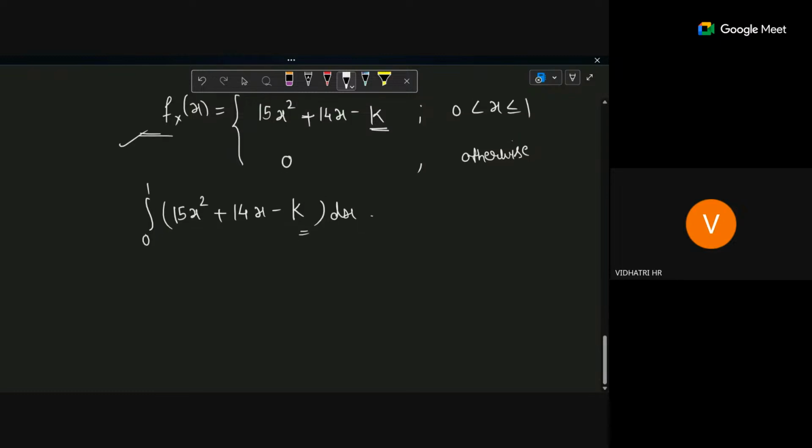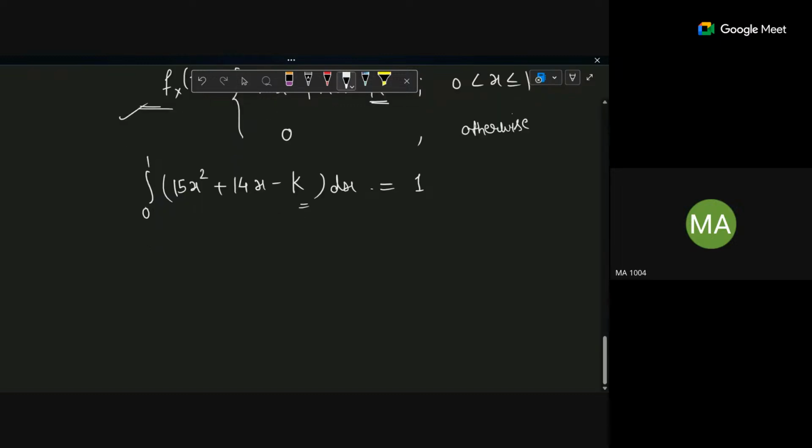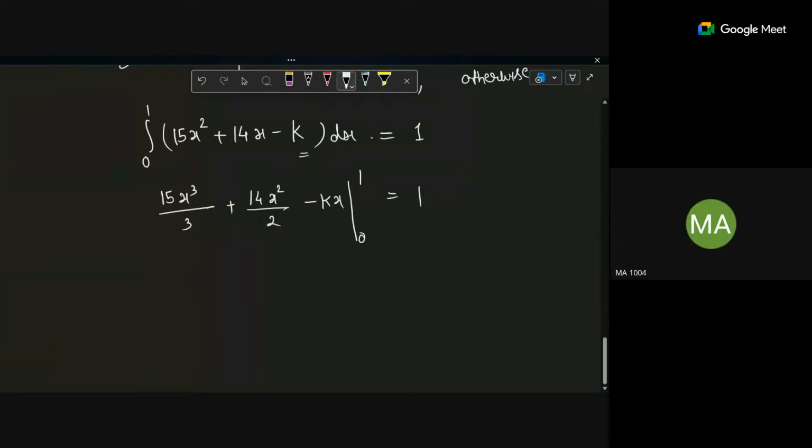You have to just integrate it and equate it to 1. Once you integrate it, the term 15x cubed by 3 plus 14x will give you 14x square by 2, minus kx, and the limit will be 0 to 1. Integrate to 1.